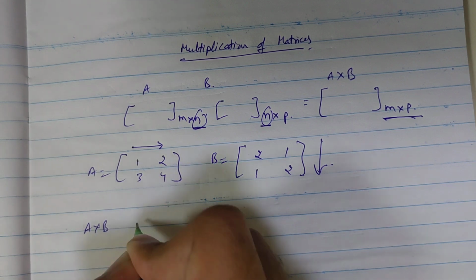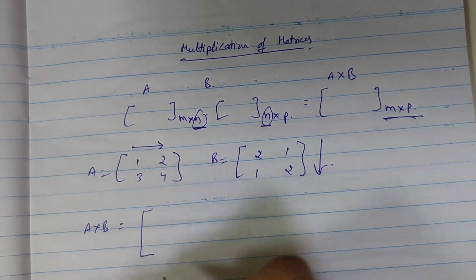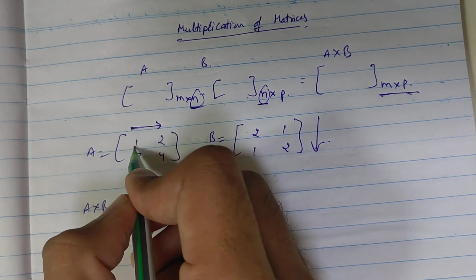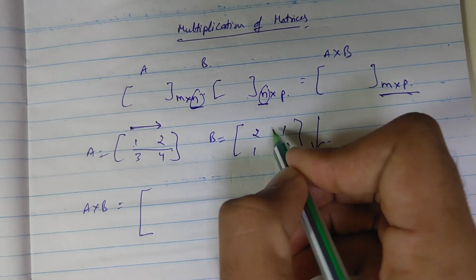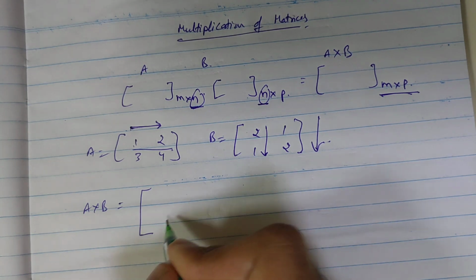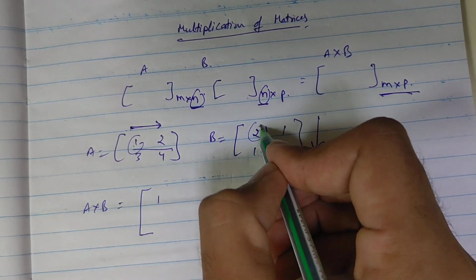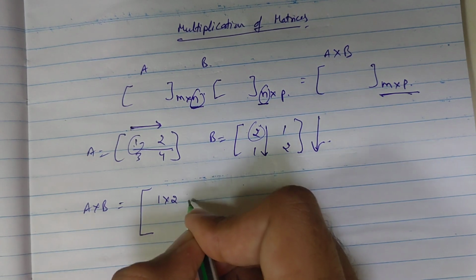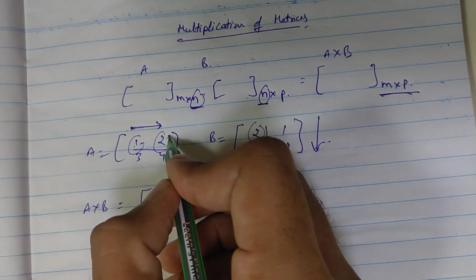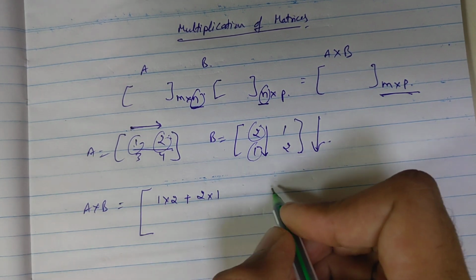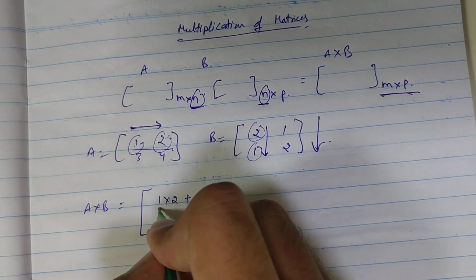So A cross B will be of the form: take the first row and the first column, that is 1 here, multiply with 2, then add second with second, 2 multiply 1. This is the first element.